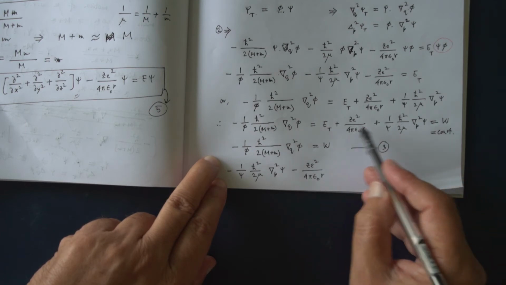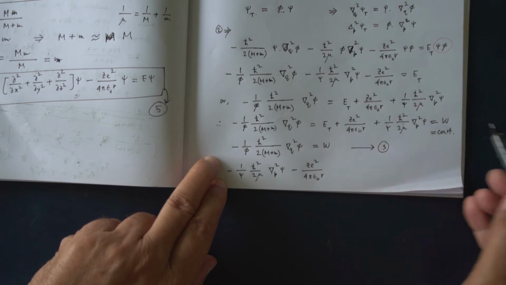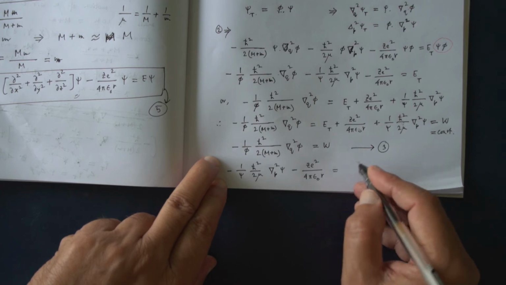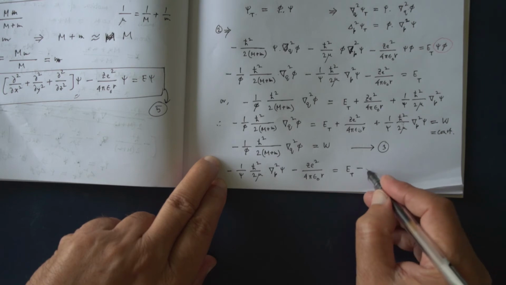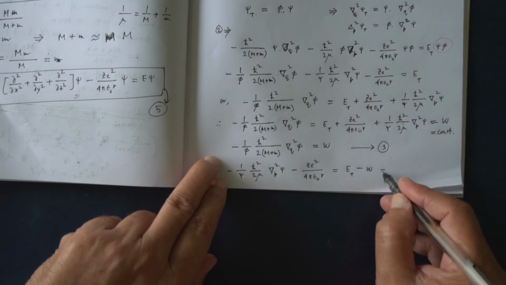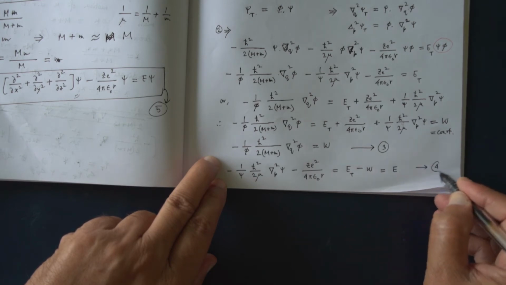I am taking this to this side, this to this side, and this is say E. So this equation is 4.